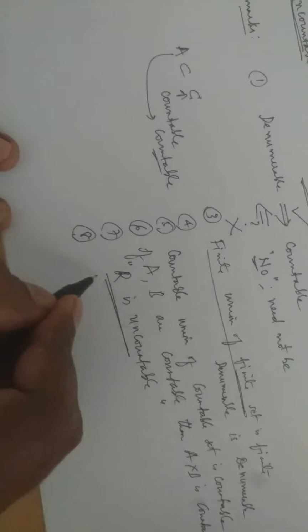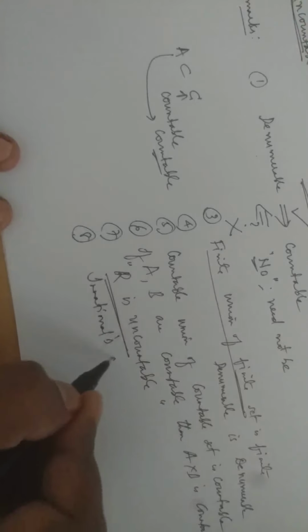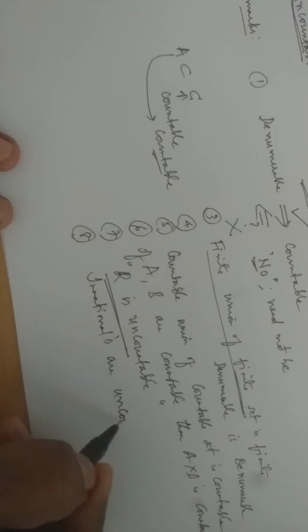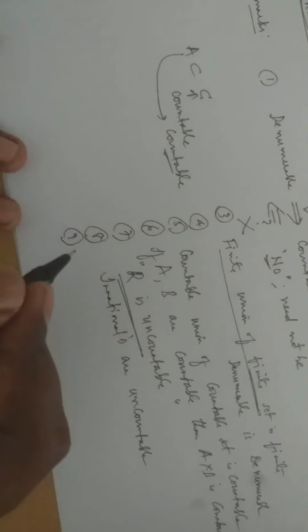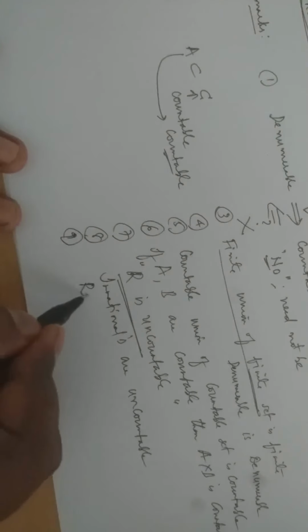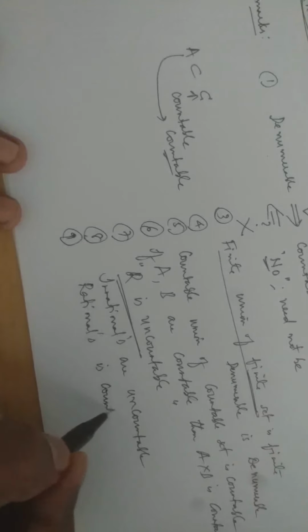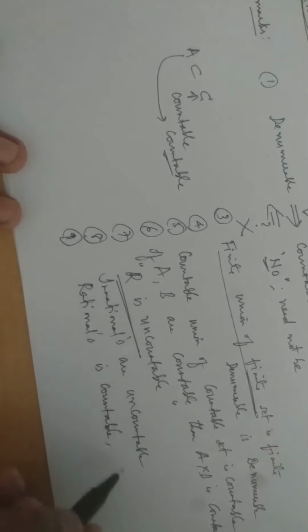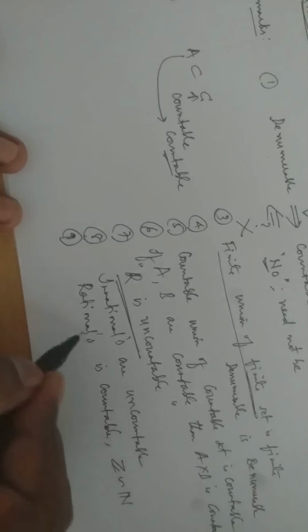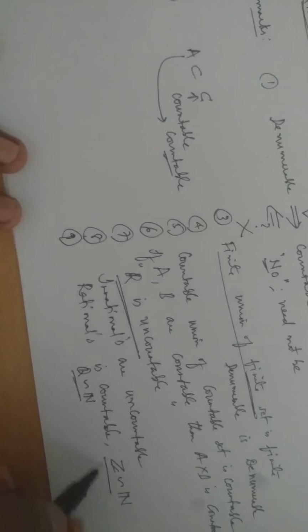Then the set of irrationals is uncountable. But the set of all rationals is countable. In fact, Z is countable because Z is equivalent to N. Rationals is countable means Q is equivalent to N. That's what I had written.